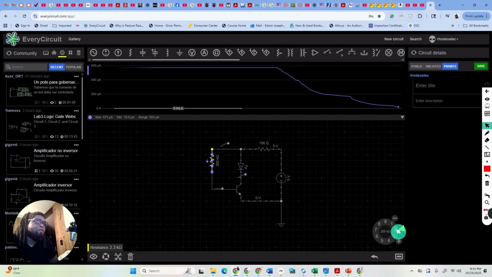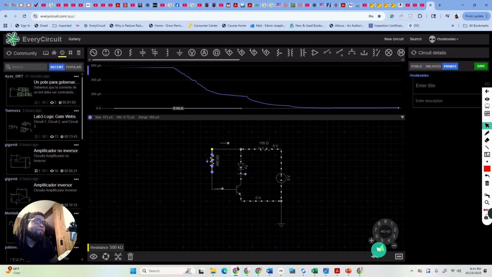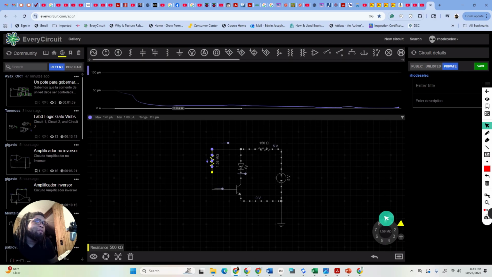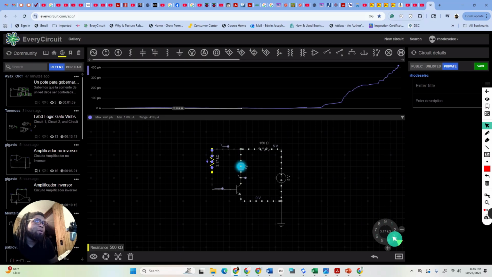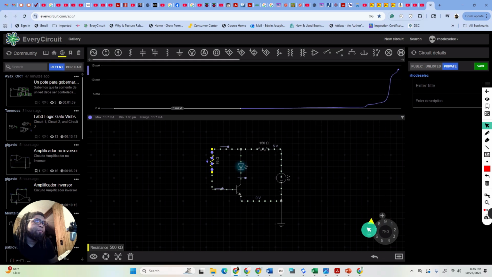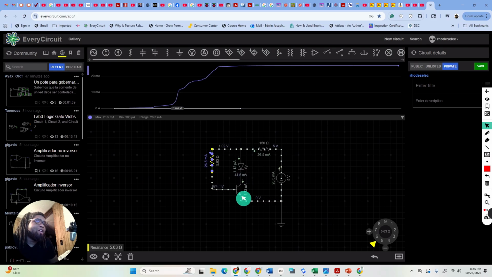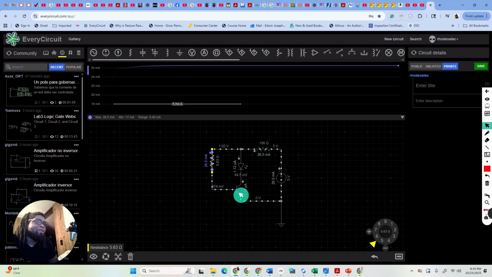If I put the resistance, not the voltage, but the resistance, really high, you can see that that limits the flow. But going back, this will demonstrate it better. If I go really low, like I had it before, you can see that it's not allowing the junction between the collector and the emitter to conduct.